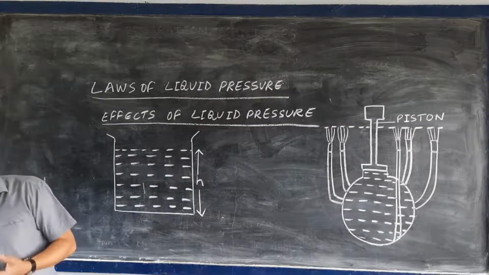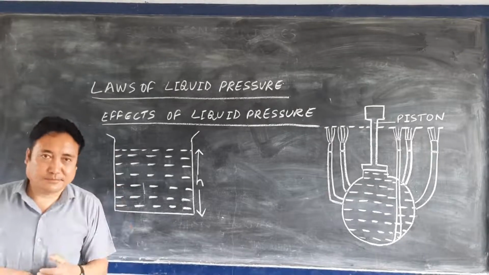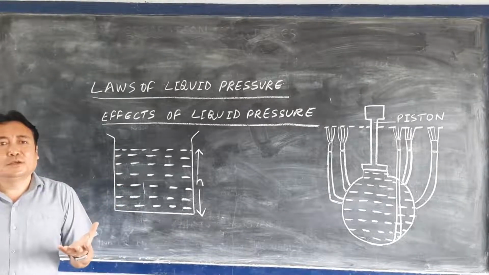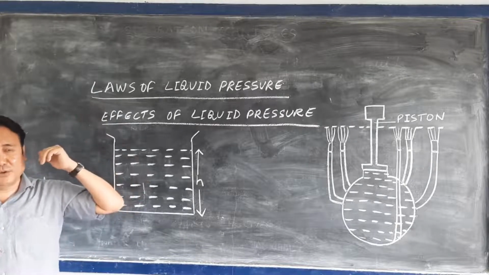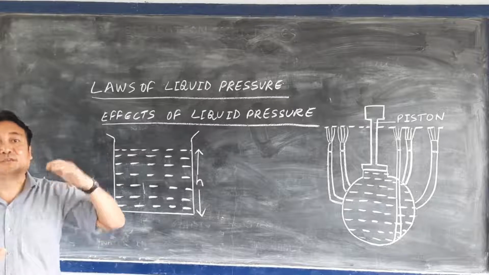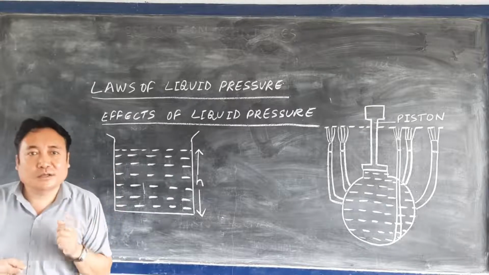The second one is that the water supply tank is placed at a height. At home, you keep the water tank on top of your house, on the terrace, on the roof. Why you keep it there is for the flow of water.